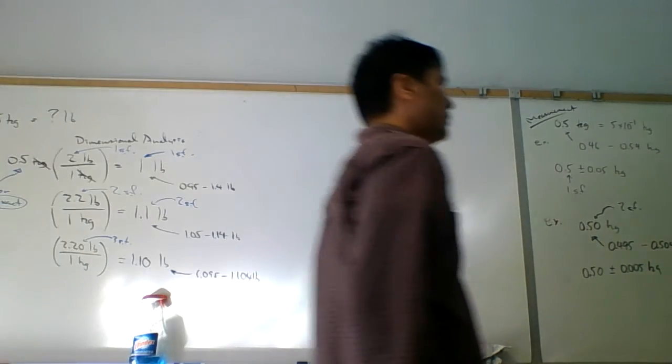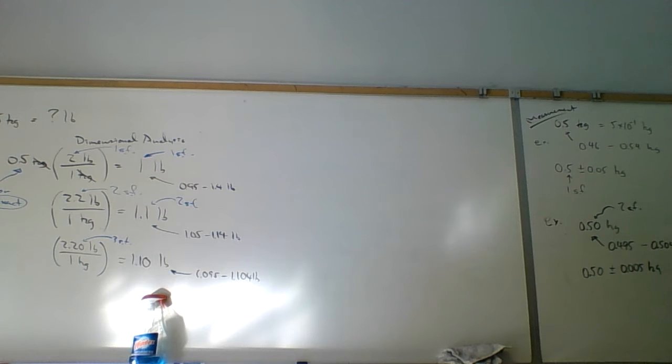All right, so here we have it. 1 kilogram is equal to 2.20462262. Would you say that this is exact? So 1 kilogram is defined as 2.20462262 pounds. Would you say that's exact? No, it's not exact. It's like pi.